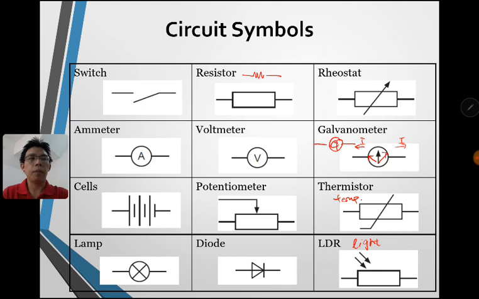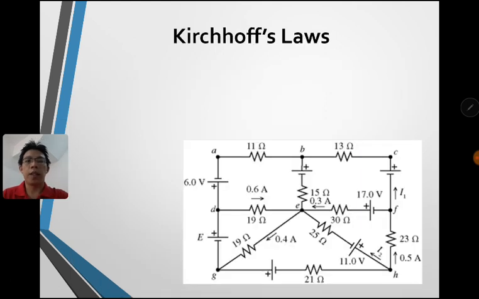Okay, so the first thing, Kirchhoff's laws. You might not have heard of this before, but it is an important one because sometimes we have complicated circuits, for example, the one given below here. This sounds crazy, right? What we can see is that we have many loops of connection with multiple batteries.